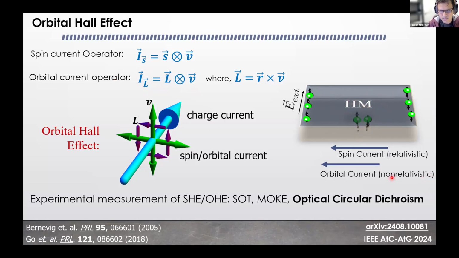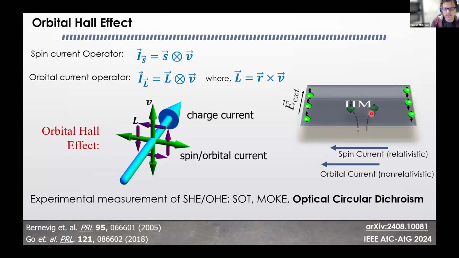It's non-relativistic. That means you would expect that it can be large, but as it turns out, due to crystal torque effect and the quenching of this orbital current, it's traditionally expected that it will be short-lived, and it was expected in the old days that it would be negligible in realistic materials.